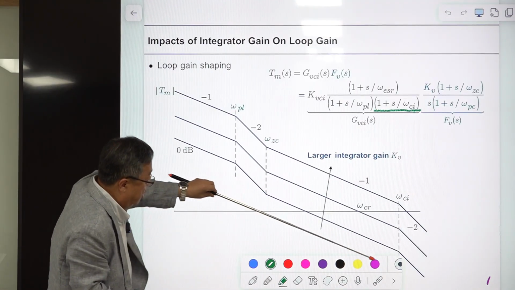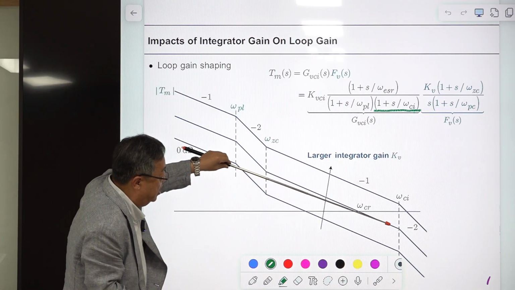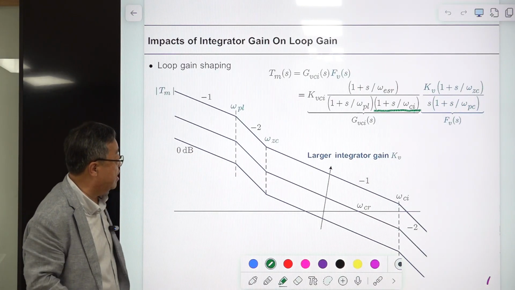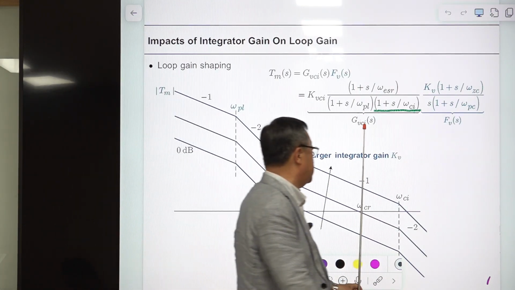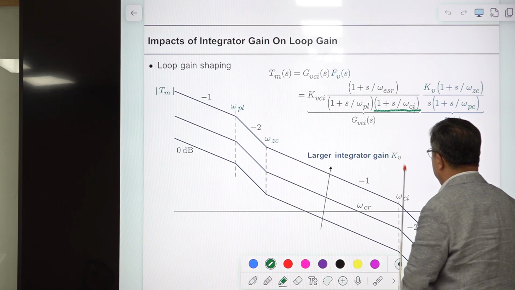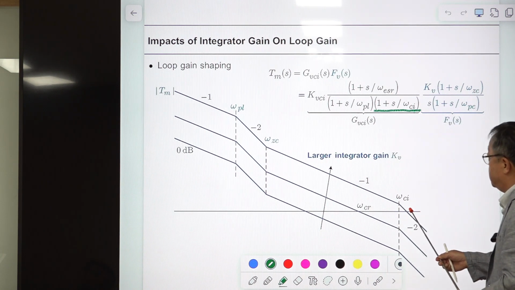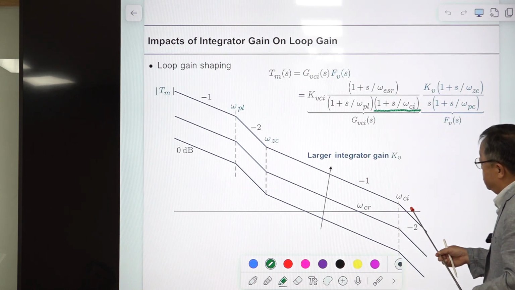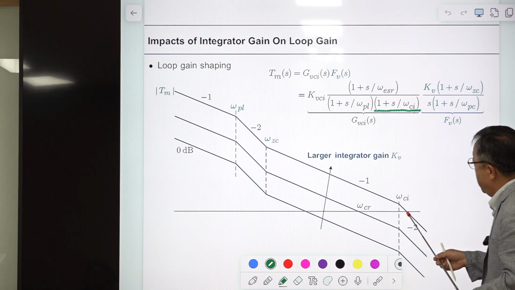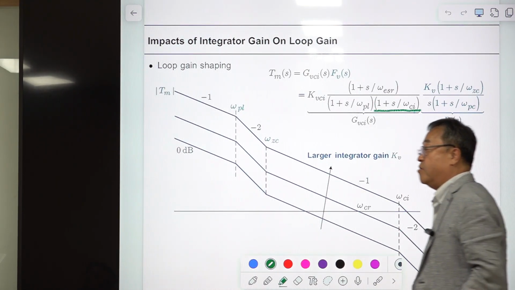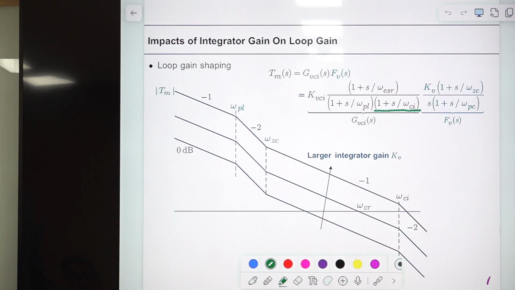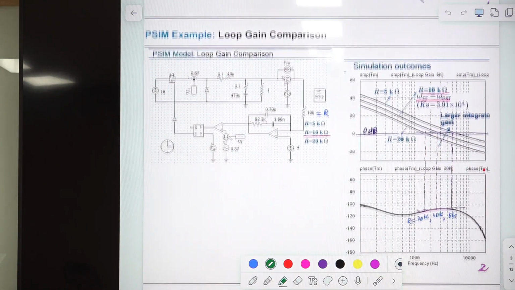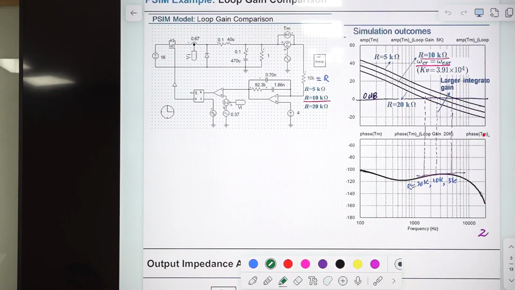It only increases or decreases the loop gain crossover frequency. This is omega Ci, which occurs before the crossover frequency, and this is the crossover frequency and after the crossover frequency. So we have 3 different cases, and this is the simulation result.